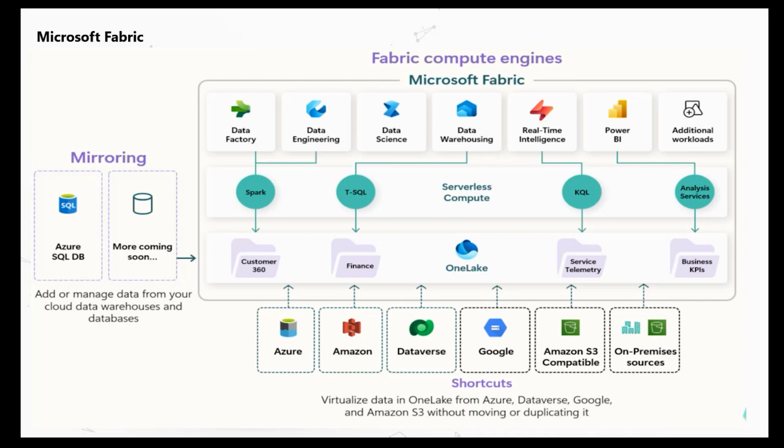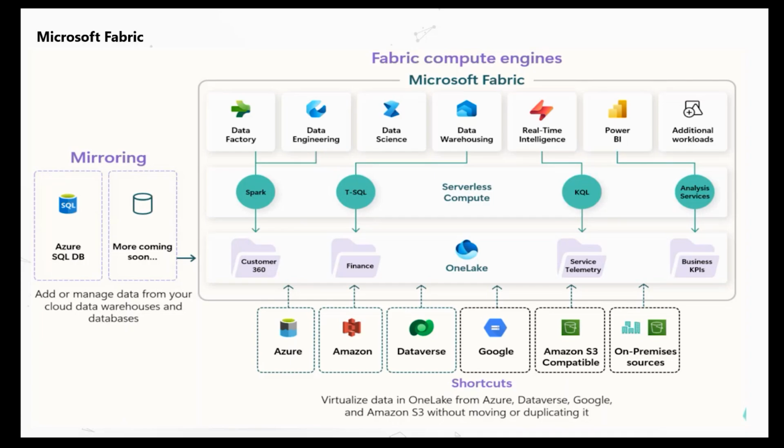This is the complete Microsoft Fabric architecture. It's a complete unified SaaS integrated end-to-end platform. It supports different personas, which you can see at the top: data factory and data engineering. The team has data engineering capabilities, or if you want advanced data analytics, we can use data science activities and personas.